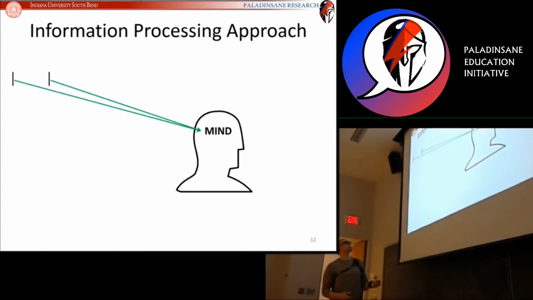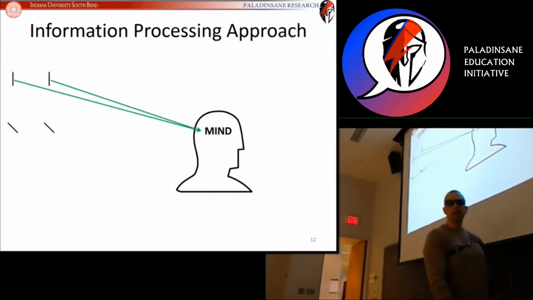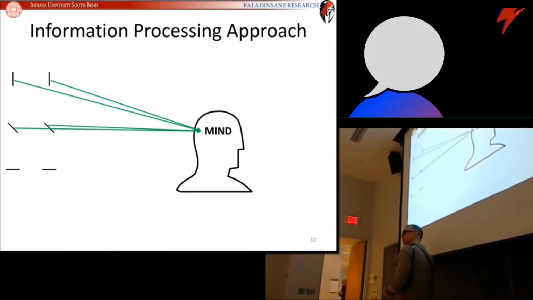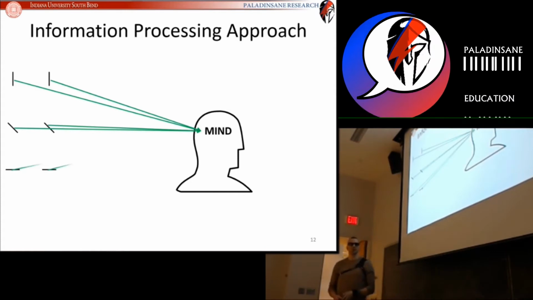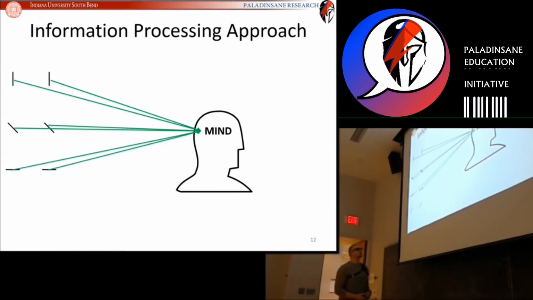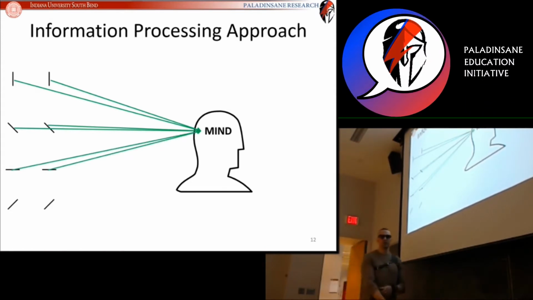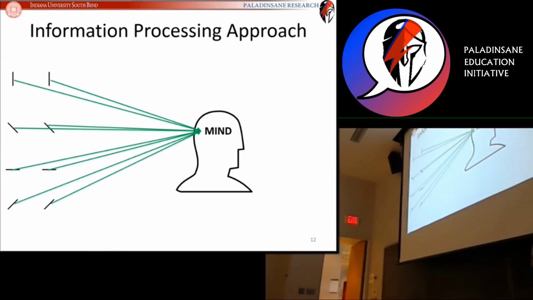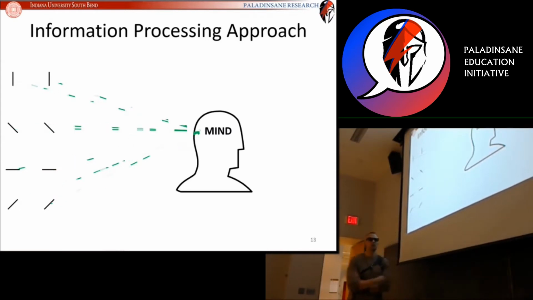And it might also let you know that there are two slanted lines in the outside world. And that information gets sent into your mind. And there are two horizontal lines in the outside world. And that information gets sent in. And there are two other slanted lines, slanted in the different direction in the outside world. And that information gets sent in. So we have these 8 pieces of information about lines in the outside world.